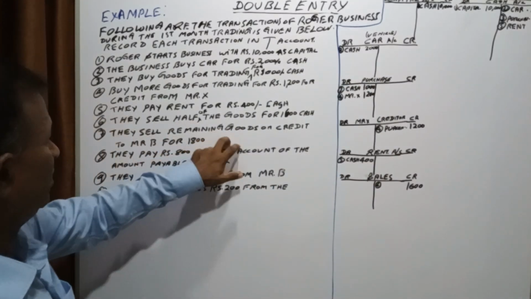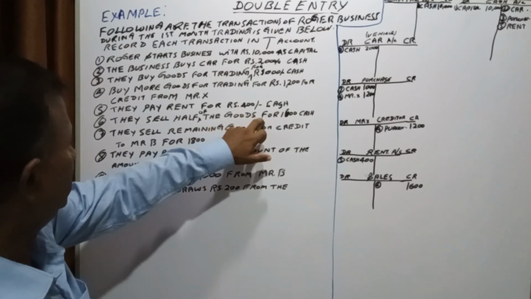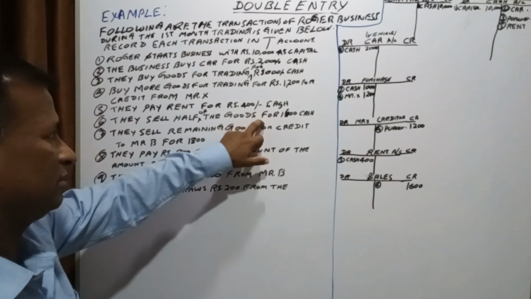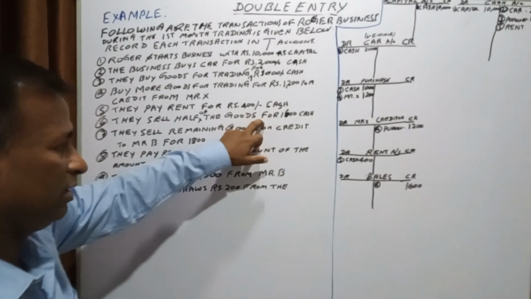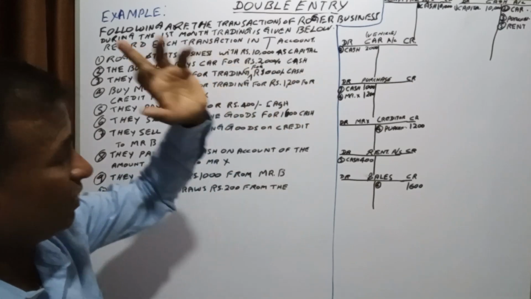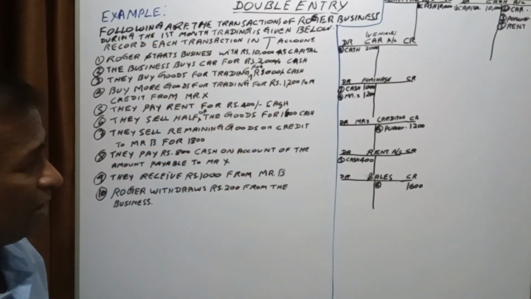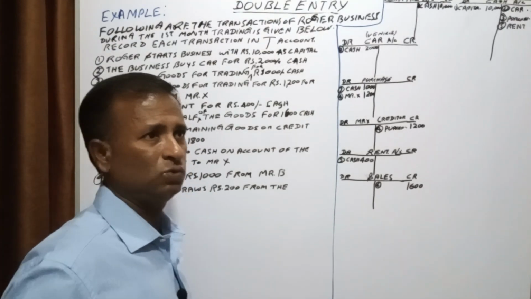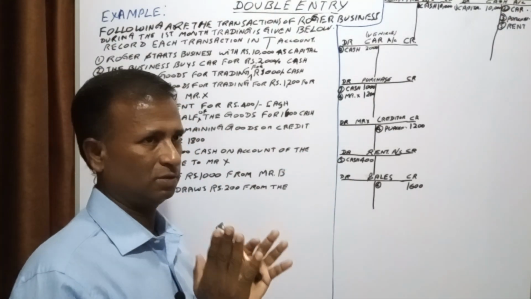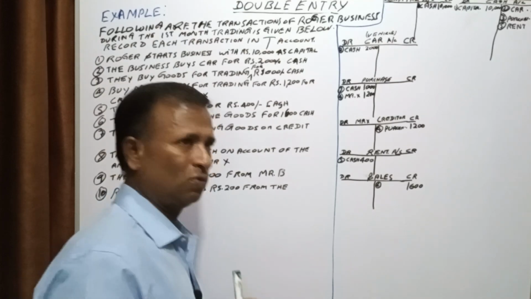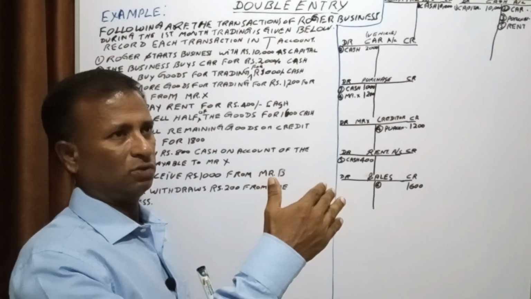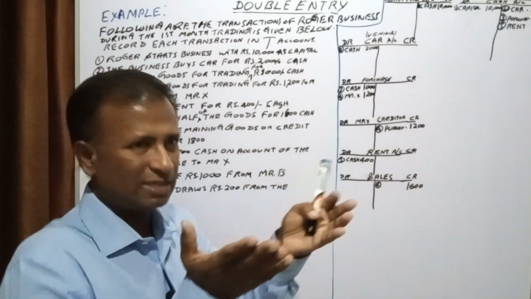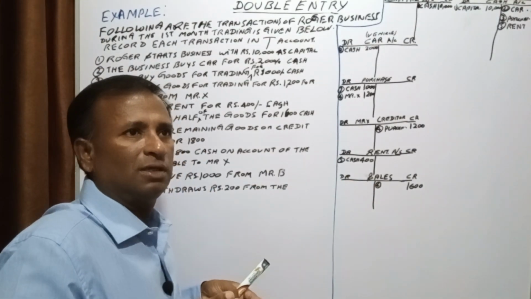What are the accounts affected here? They sell half of the goods for cash, 1,600. Another affecting account is cash. When you sell the goods, goods are going out and you are receiving the cash. Cash is coming into the business.